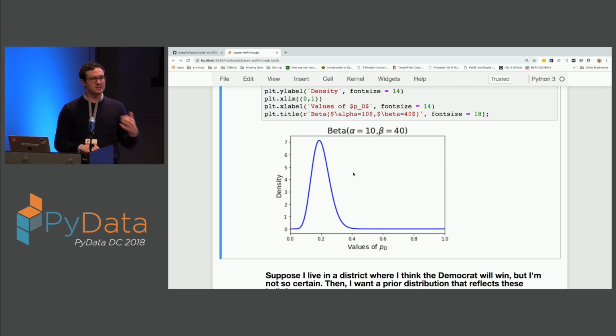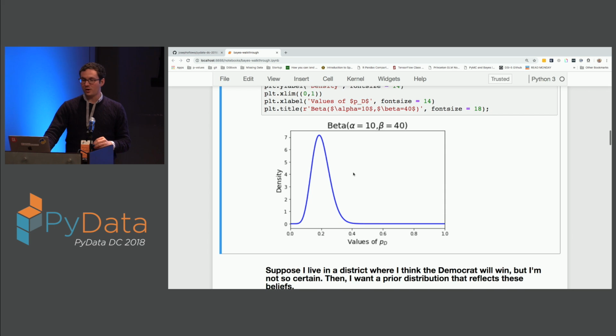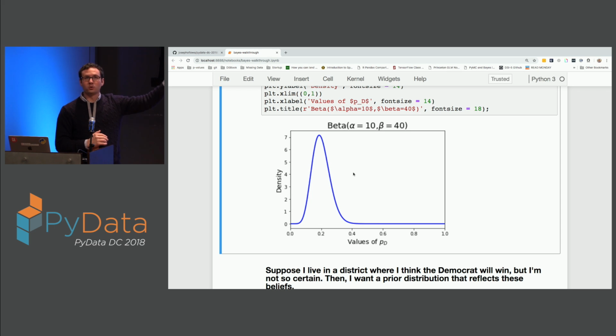In many cases, this involves subject matter expertise and an understanding of these probability distributions. To show a different example, let's say that I think the Democrat will win, but I'm not very certain about that. So visually, before we even run this, you can imagine taking this blue distribution and pushing it over to the right-hand side, where the proportion of votes the Democrat gets is probably going to be greater than 50%, but not all of the weight of that distribution will be beyond that.